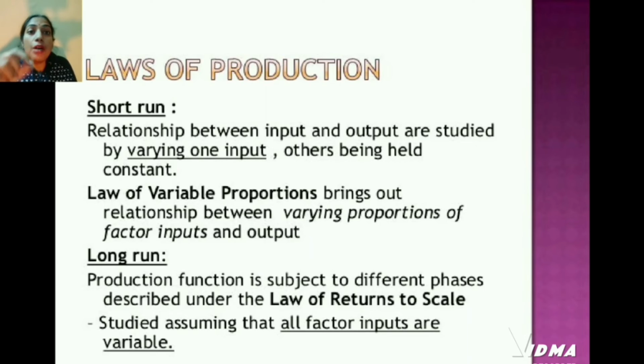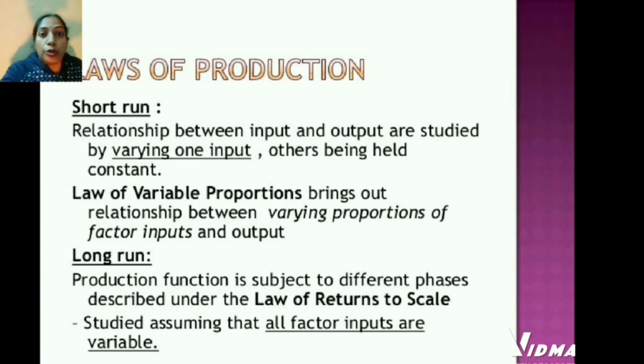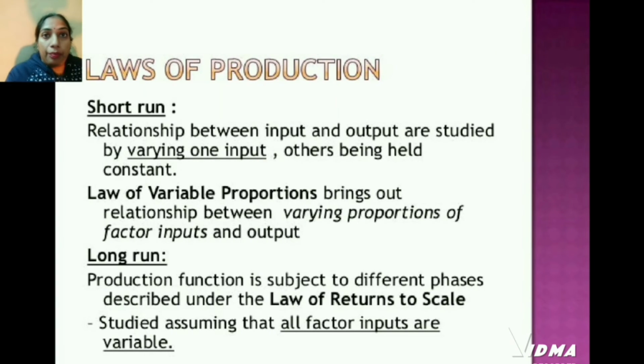In the long run, production function is subjected to the different phases that are described under the law of returns to scale, which is studied assuming that all factor inputs are variable.